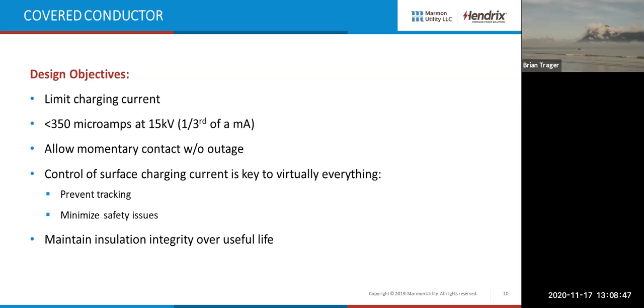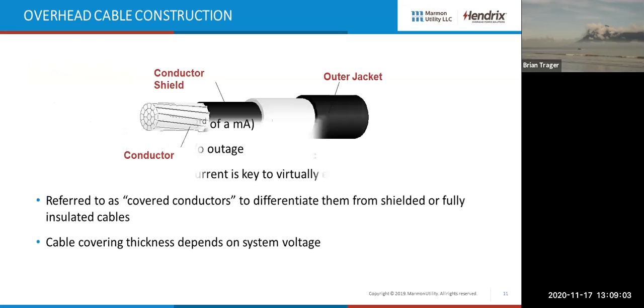Okay, so we want that as good after 50, 60, 70 years as it was the day it was installed. So that is the key to controlling surface charging current and deciding how thick that insulation wall really has to be.